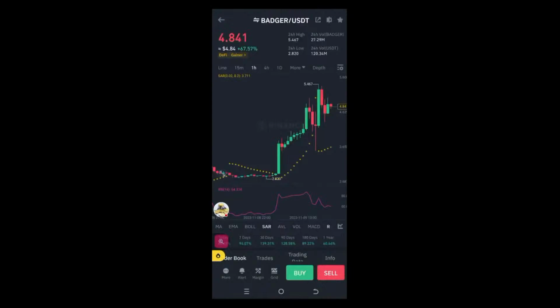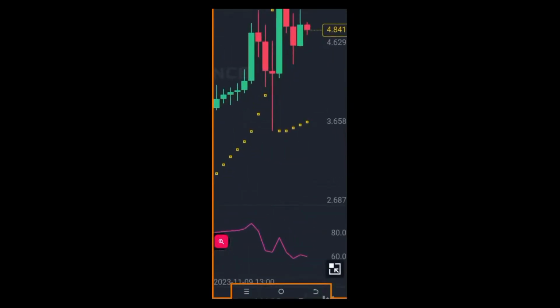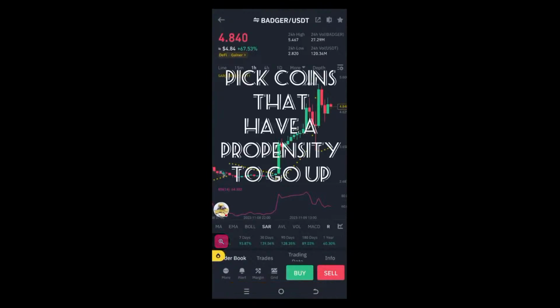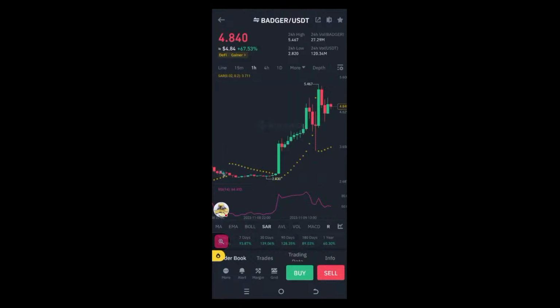But currently right now, if you take a good look, we have the parabolic SAR underneath. Now, what are the things we have to look at? First off, like I always tell you, you have to choose coins that have a propensity to go up. Not just because you're picking a coin that's already on the ground and it might likely go up. No, that is a probability. We're talking about propensity. Propensity is different from probability.